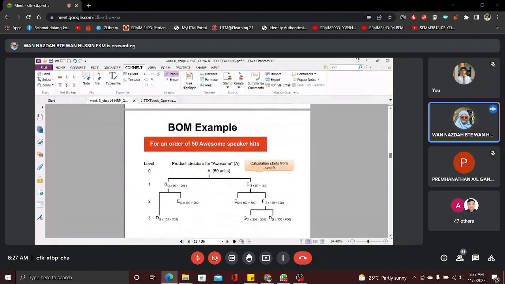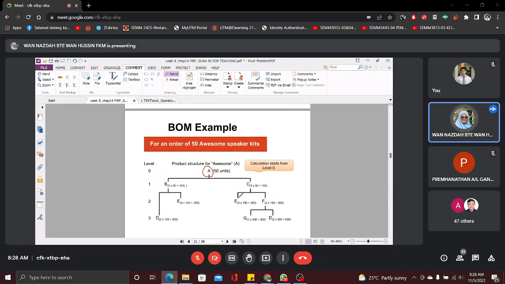Okay, alright. So kita buat calculation sikit. Okay, boleh? Alright, so one A requires 2 B's, 3 C, and 1 B requires 2 E's and 2 D's.